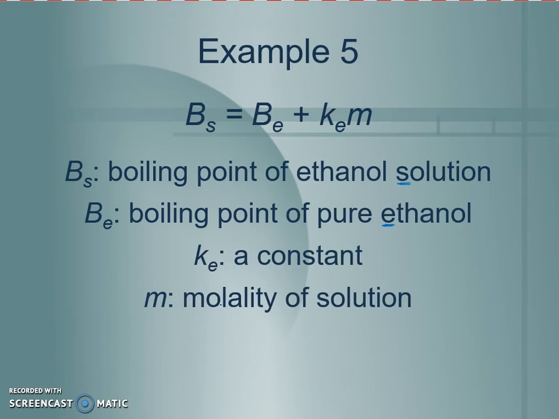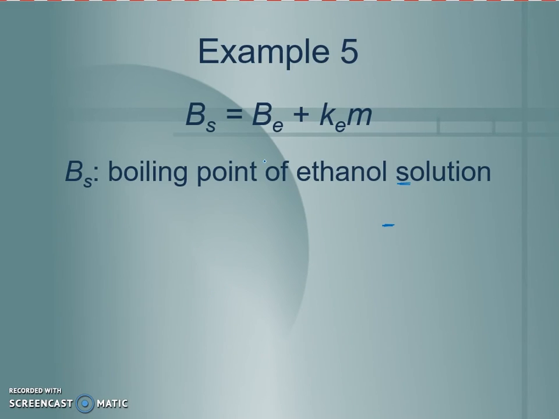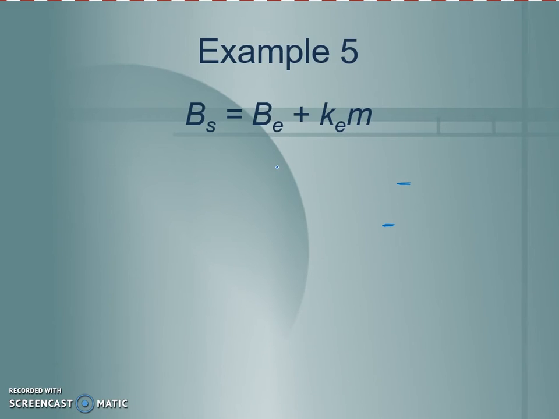And M is the molality of the solution. So all we need to do is go ahead and solve, first off, for what they're giving us. It says solve the formula for M.